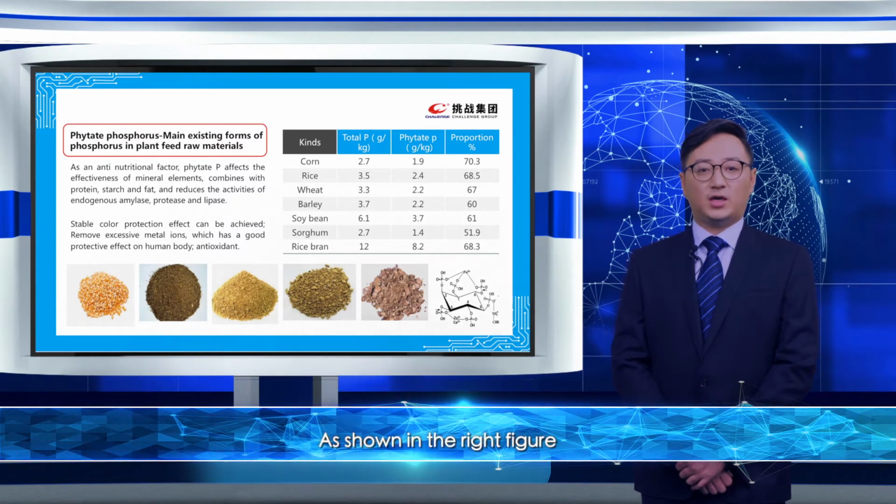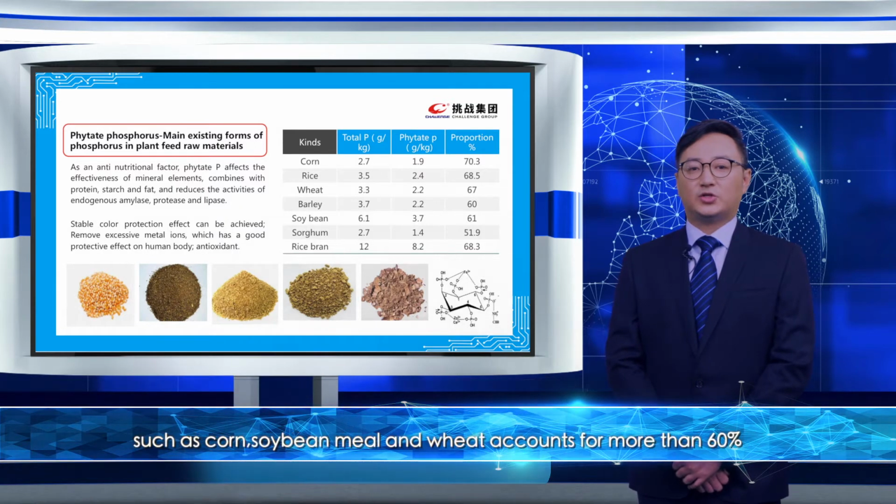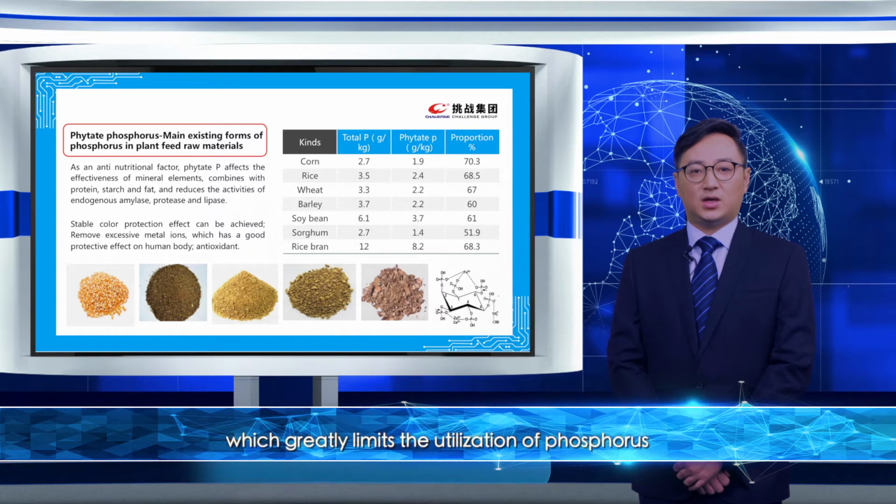As shown in the right figure, the content of phytic acid phosphorus in common feed raw materials such as corn, soybean meal, and wheat is more than 60%, which greatly limits the utilization of phosphorus.